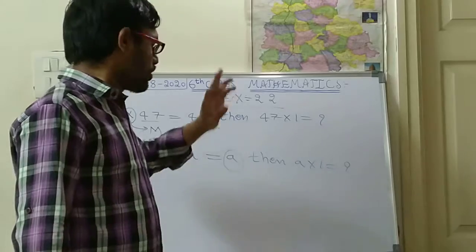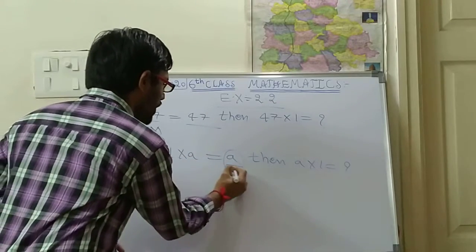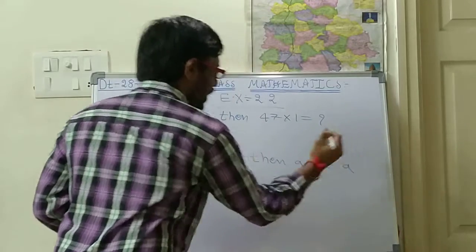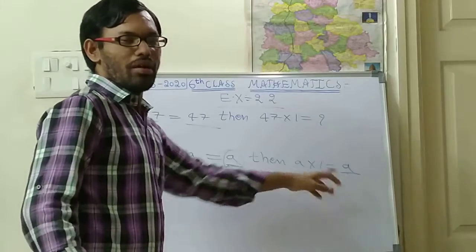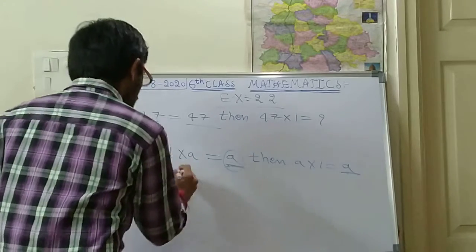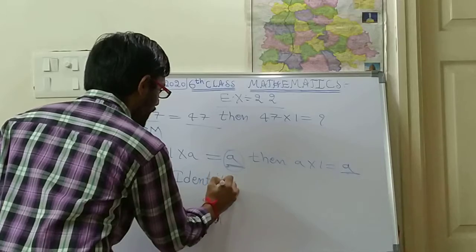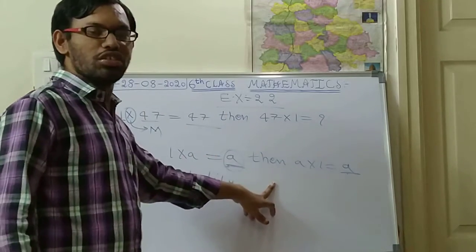Is it right, children? Here the same whole number is coming, so here also it will be a. So both are equal, and equal means identity. This is the identity property. Identity property in which operation?